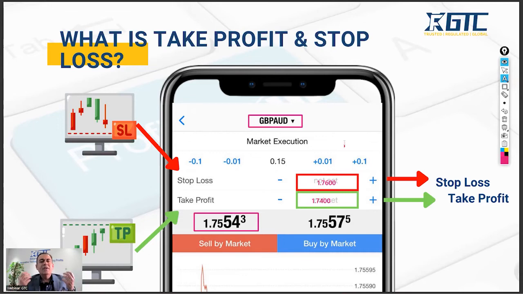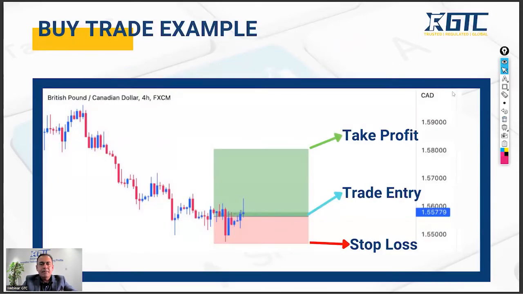This is how it will look when you open your MetaTrader account on your mobile platform. I hope I've explained well what is take profit and what is stop loss. These are the predefined exit levels. Whenever we are buying any product at a market price, we are anticipating the market will go up and we will get profit.